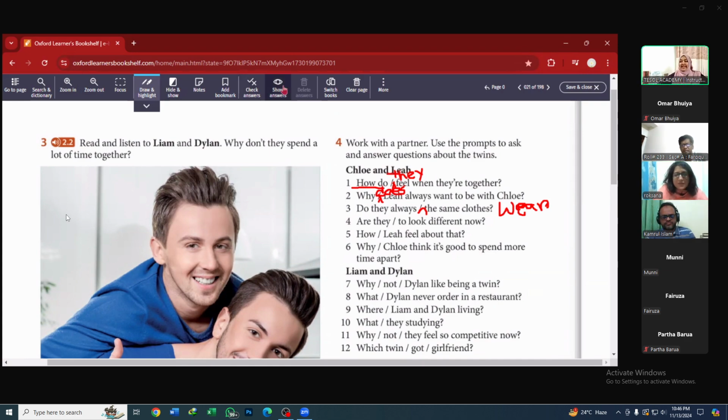Exactly. These questions are based on the passage given, right? That is why the questions are also from the lines that are given in the passage. That is why this question will be, are they starting to look different now? This is a big word to write for me. Starting to look different now.